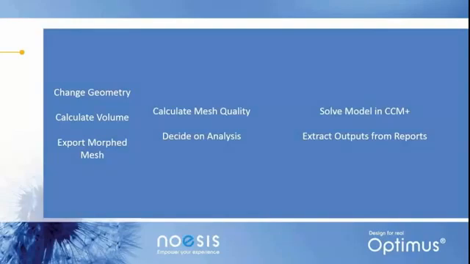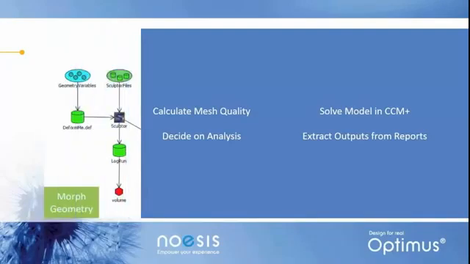So now we'll show the workflow as it's actually been created inside of Optimus. You'll remember that the first step was to change the geometry, calculate the volume, and export the morphed mesh. So here you can see the call to Sculptor, in the middle of that image, and then the green boxes that are the input and output files that Sculptor needs to make the deformation.